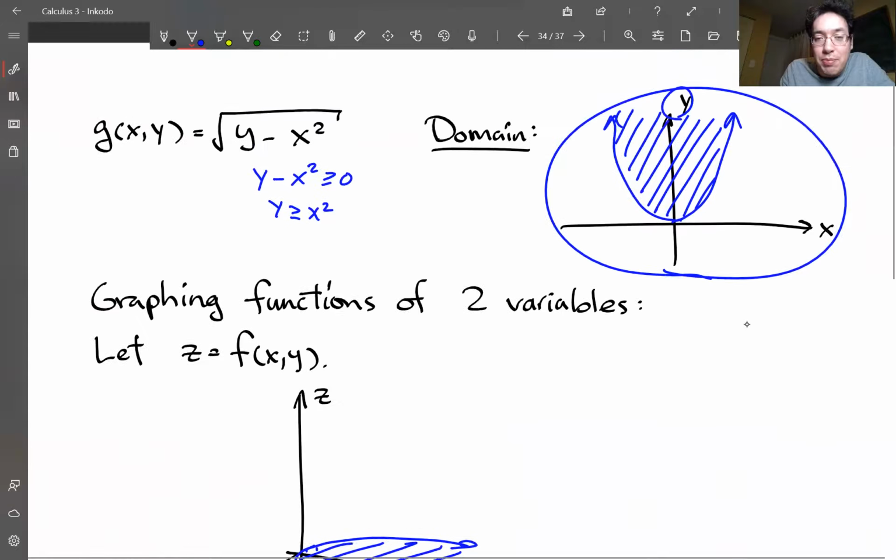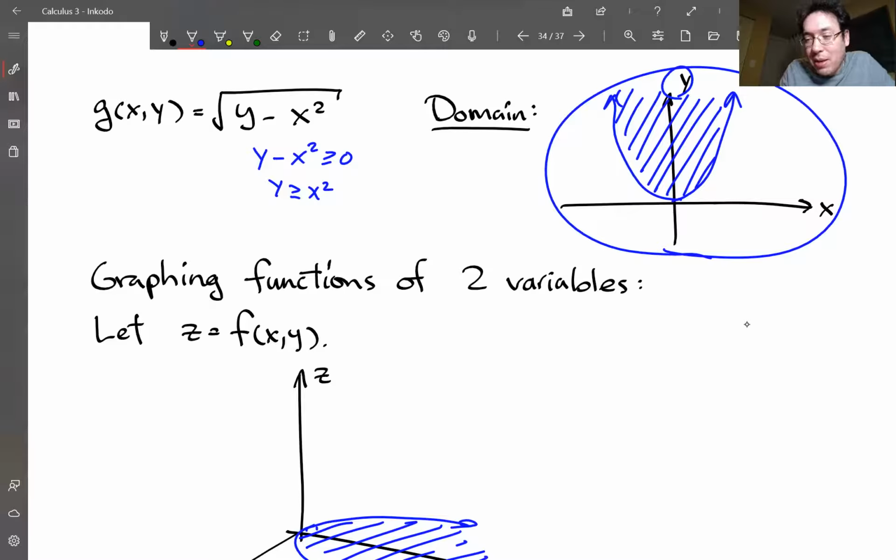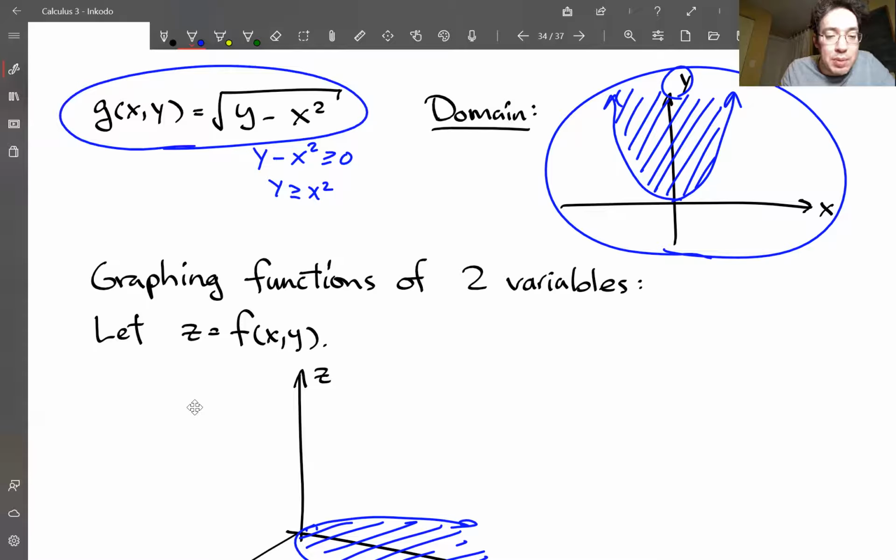It's a little bit hard to think about, but it is doable if you think about it 2 variables at a time. So we're going to use the technique of level curves. Instead of trying to understand this function all at the same time, we're going to look at what kind of input values will correspond to a certain height.